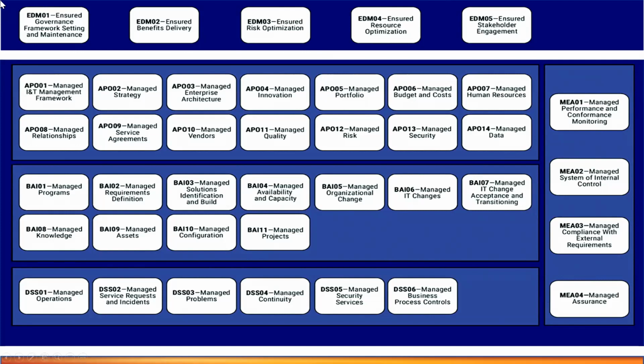Now you might be wondering, what are these terms? EDM stands for evaluate, direct, and monitor. That means it is the responsibility of the leadership, your governance body, to evaluate your security posture and evaluate the risk, and then based on that, direct the team.